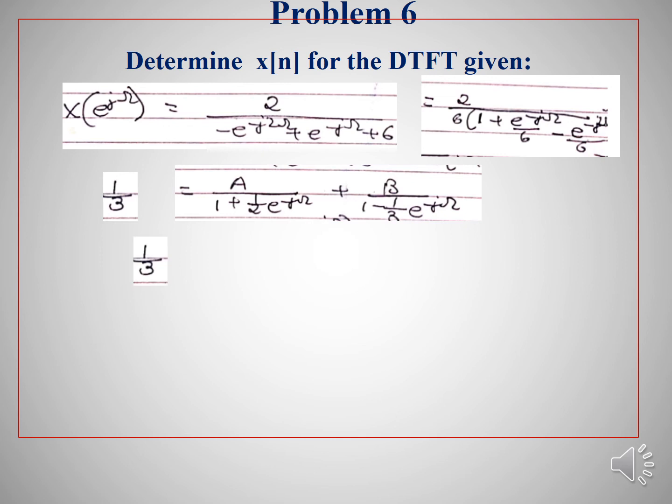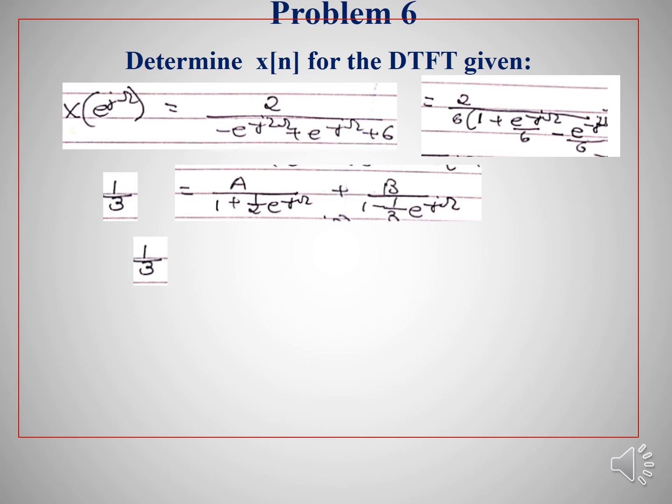Hence, on substituting, we may get 1 by 3 is equal to A into 1 minus 1 by 3 e power minus j omega and B into 1 plus 1 by 2 e power minus j omega, divided by the same common value, which may be present here also.